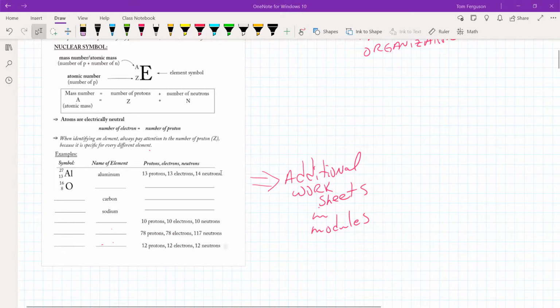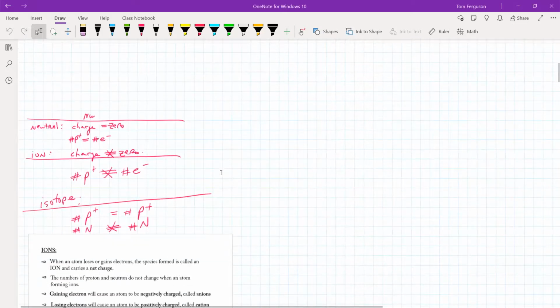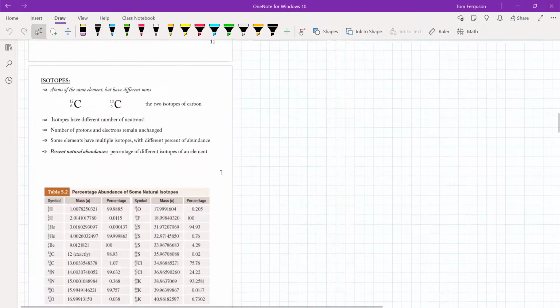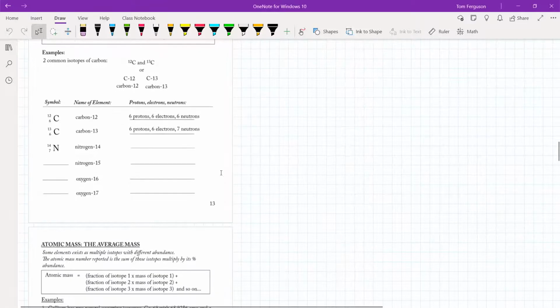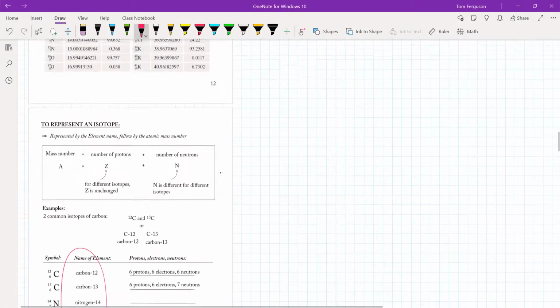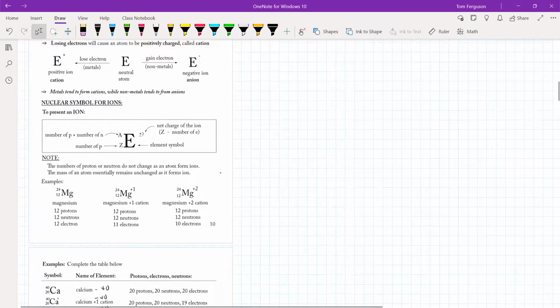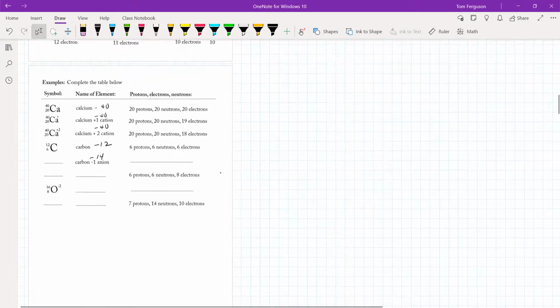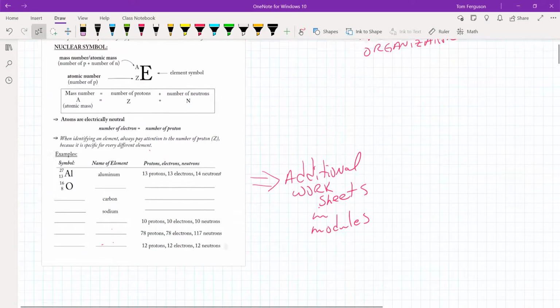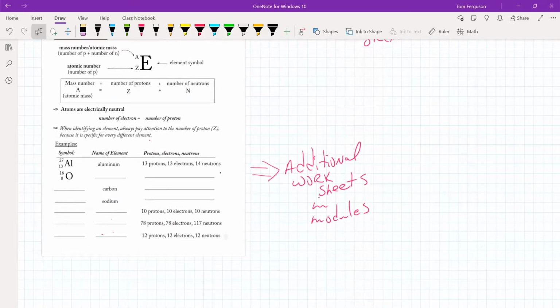One of the big things that this particular part didn't have is naming the isotope, like this here. I wanted to add that in early on rather than later. So I'm going to go through this again as a refresher, because this is going to get us into ions and isotopes.